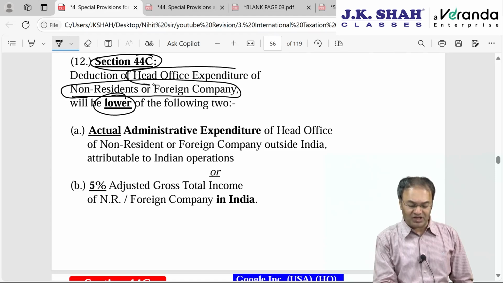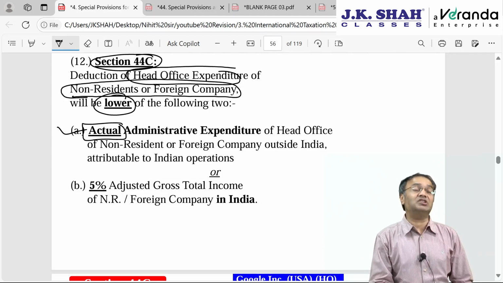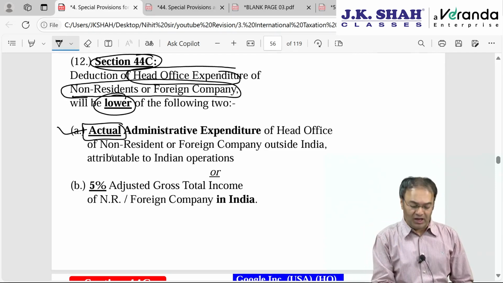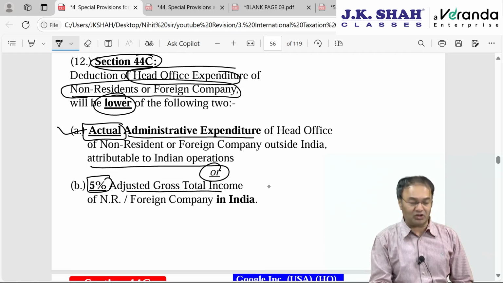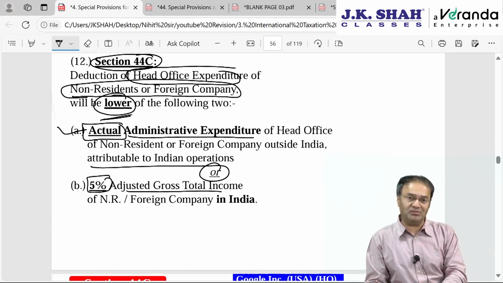And head office is outside India, branch is in India, either actual general administrative expenditure which is incurred by head office and it is attributable to Indian operations, actual versus 5% of adjusted gross total income, whichever is lower will be allowed, excess will be disallowed. This section also we discussed in the PGBP chapter.